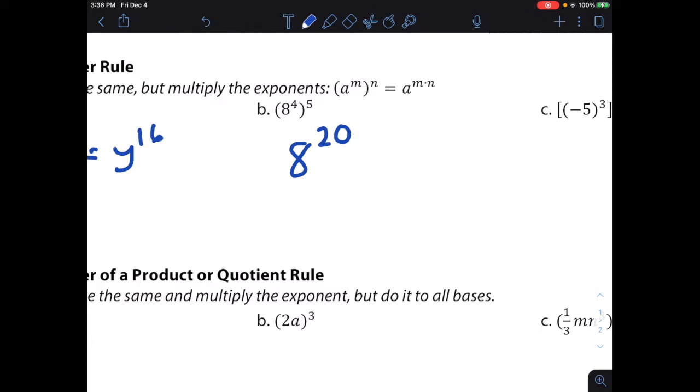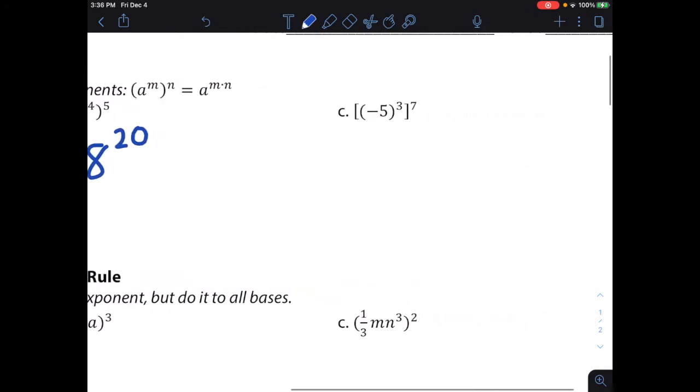Okay, and then similarly here, and this one gets a little crazy because we have parentheses, we have brackets. Remember, parentheses and brackets are just containers, and whenever we have multiple parentheses, we would generally prefer to use a parenthesis and a bracket just so we can easily differentiate between the two.